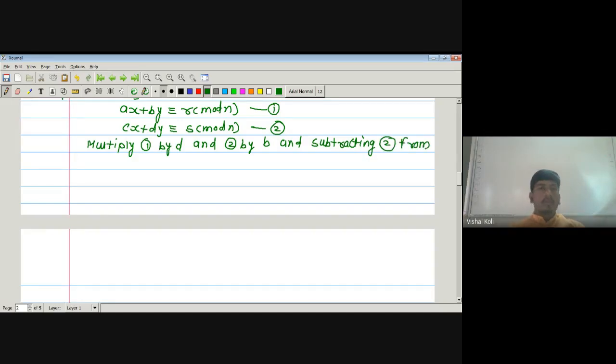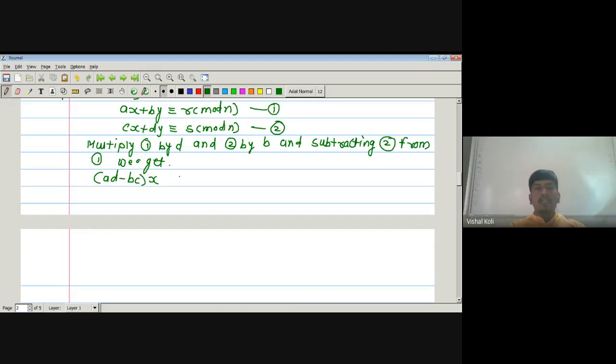If we multiply equation 1 by d, we get ad into x, minus bc x, which is nothing but (ad minus bc) into x.